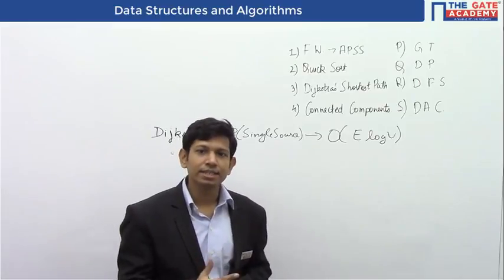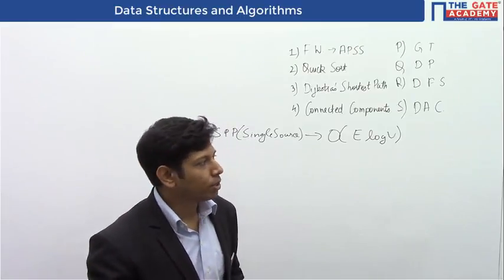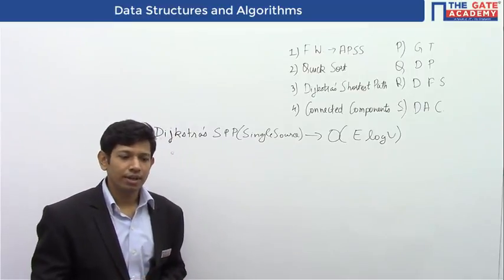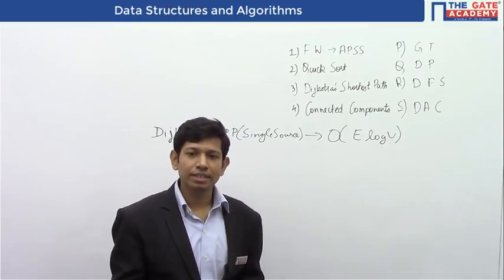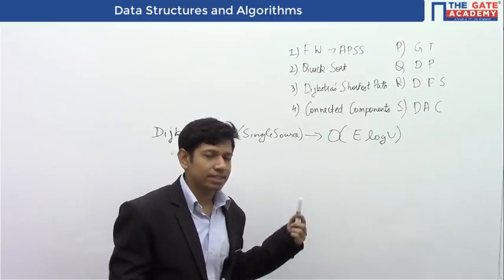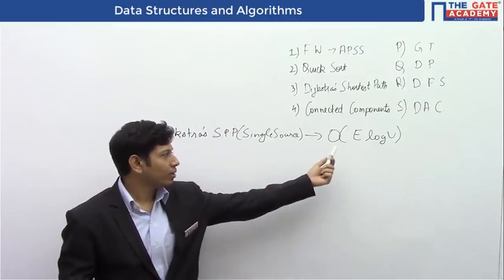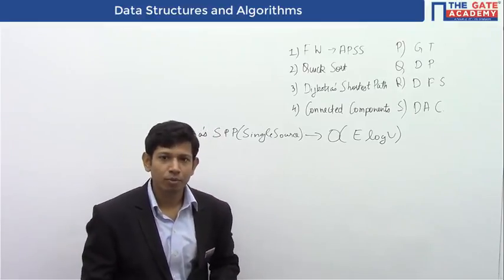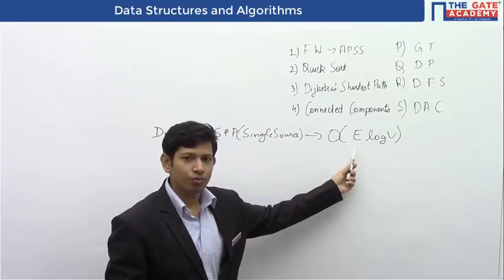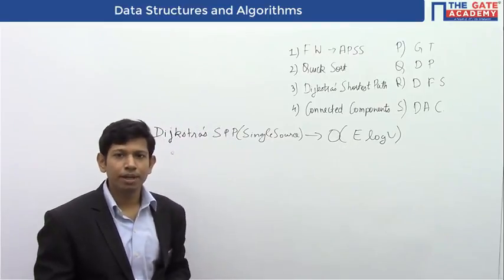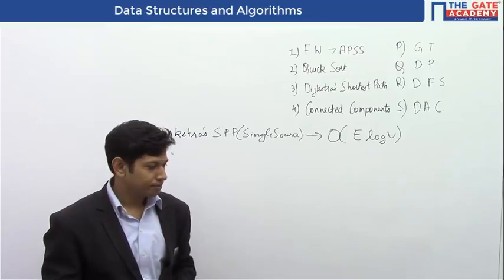But in case it is a dense graph, the number of edges is close to that of a complete graph. In a complete graph, for V vertices, we have V square edges. So if it is a dense graph, E can go up to V square. So in that case, what will be the time complexity? E is order of V square, so the time complexity would be order of V square.